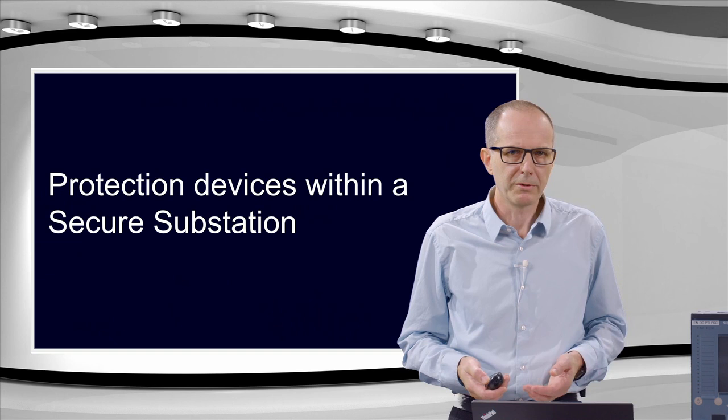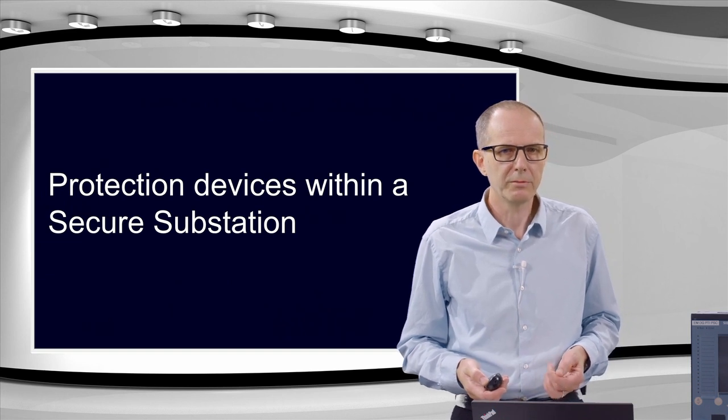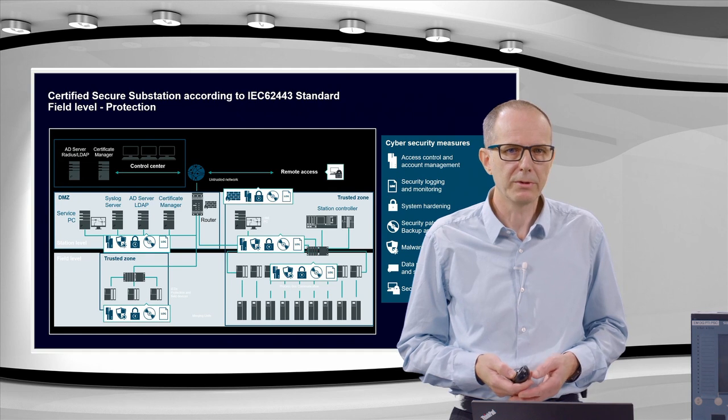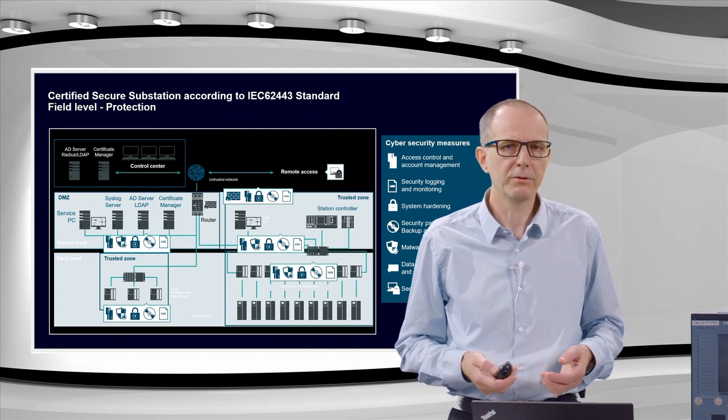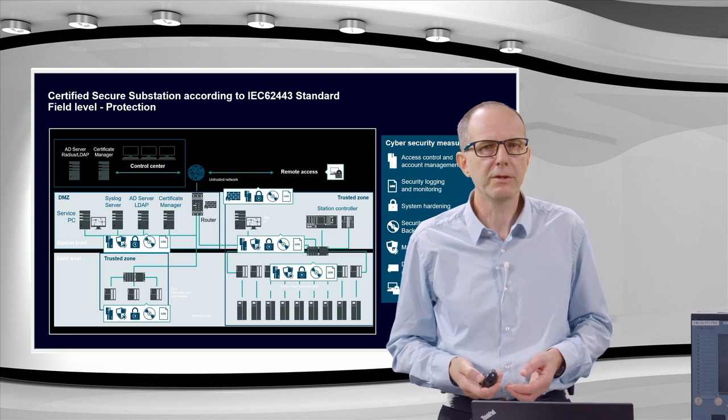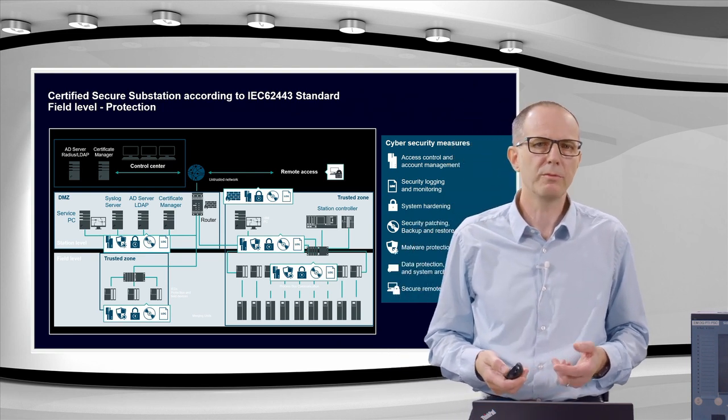From a cybersecurity point of view, a protection device must be considered as an integral part of the secure substation solution. Maybe you already heard about the secure substation blueprint.